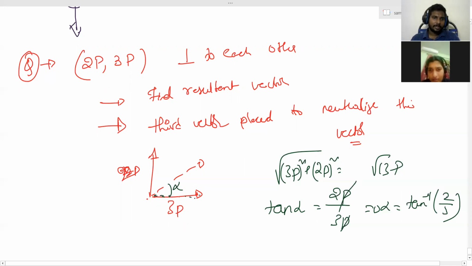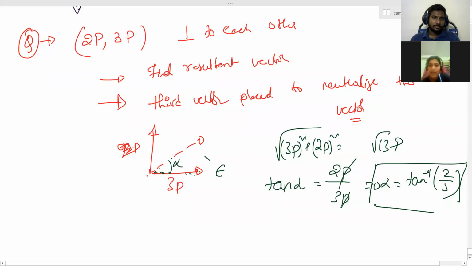If it is going east, it makes an angle of tan inverse of 2 by 3 towards north from east.